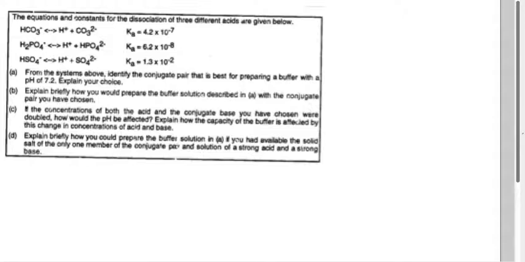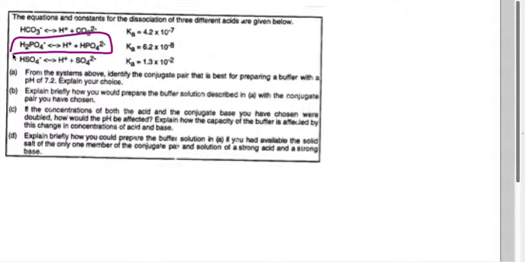All right, this is the tough part. This goes back to that lab we did. Explain briefly how you would prepare a buffer if you had available the salt of only one member of the conjugate pair. So say we had sodium NaH2PO4 or Na2HPO4 and a strong acid and a strong base.